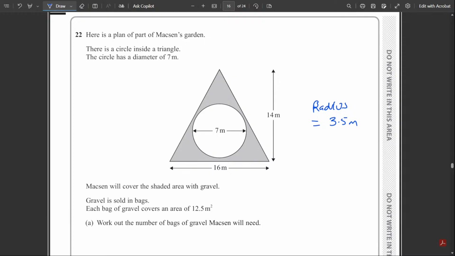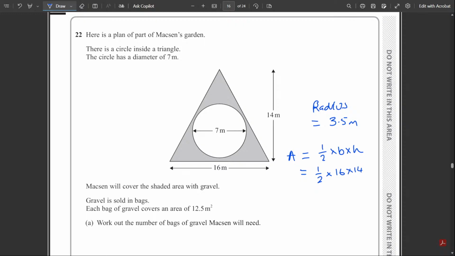So we can work out the area of the circle and then we can work out the area of the triangle. So let's work out the area of the triangle, something you can easily work out. So the area of the triangle is half times base times height. Some people call it base times height and divide it by 2. So we can do half times base, which is 16 meters, multiplied by 14 meters.